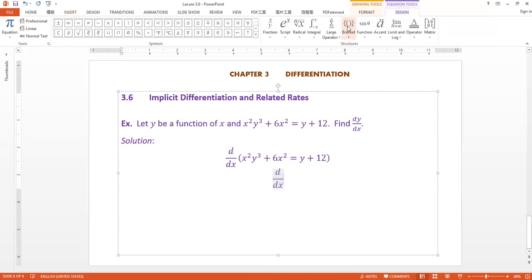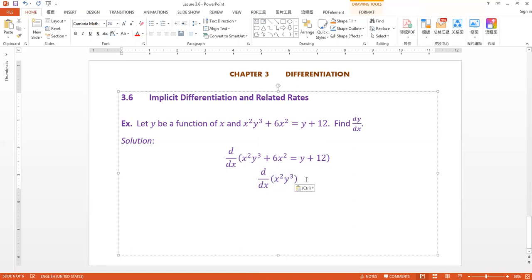Take the derivative of x squared y cubed with respect to x, and the second term is 6x squared, so we take the derivative of 6x squared with respect to x.